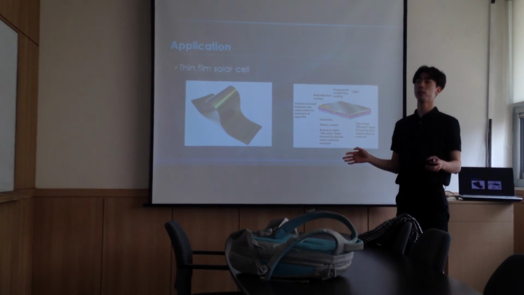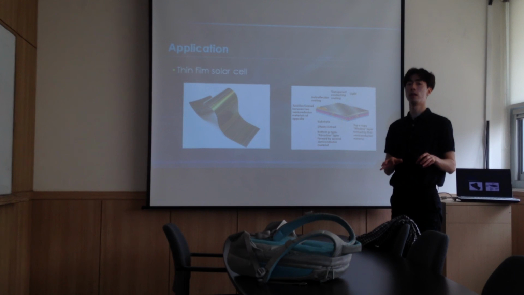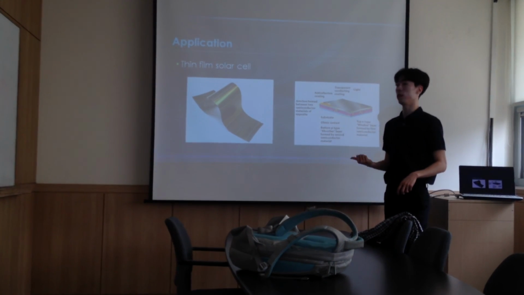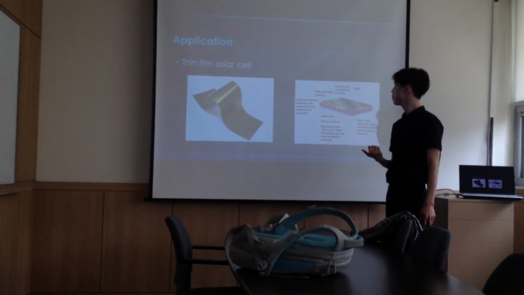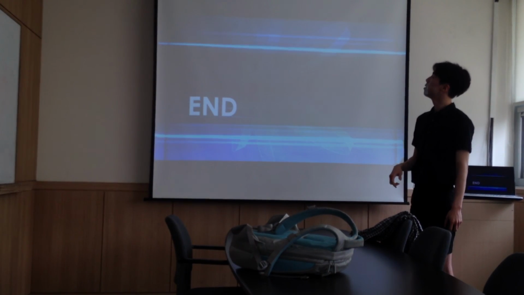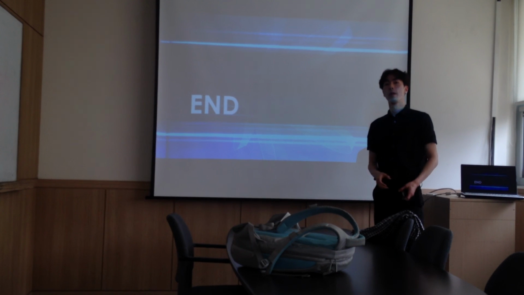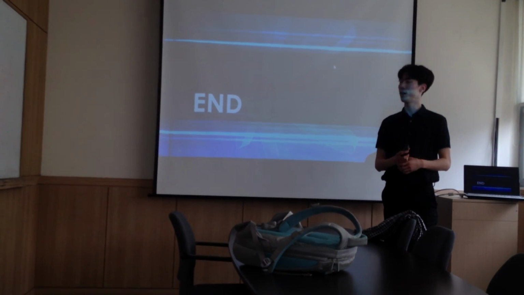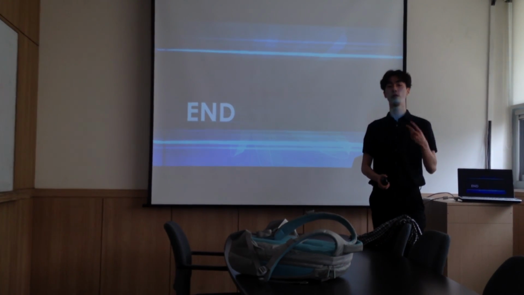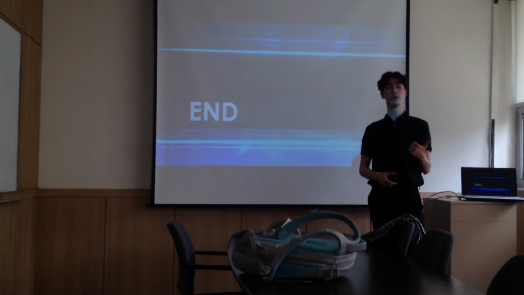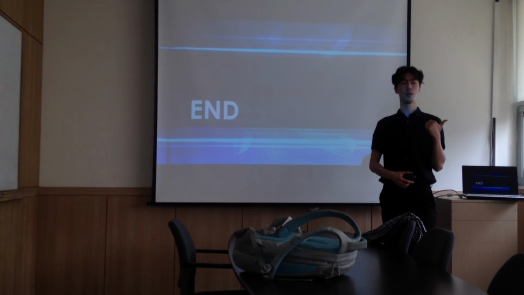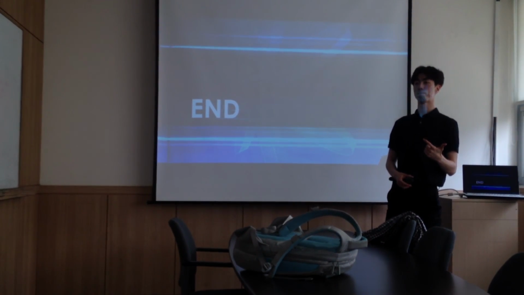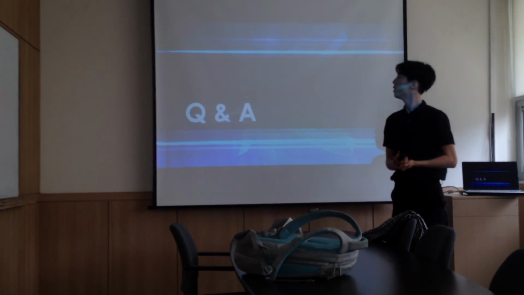Likewise, there are so many products which are produced applying this deposition. To conclude, I would like you to remember two things. First, sputtering process. Second, operation principle. Thank you. Have a question?